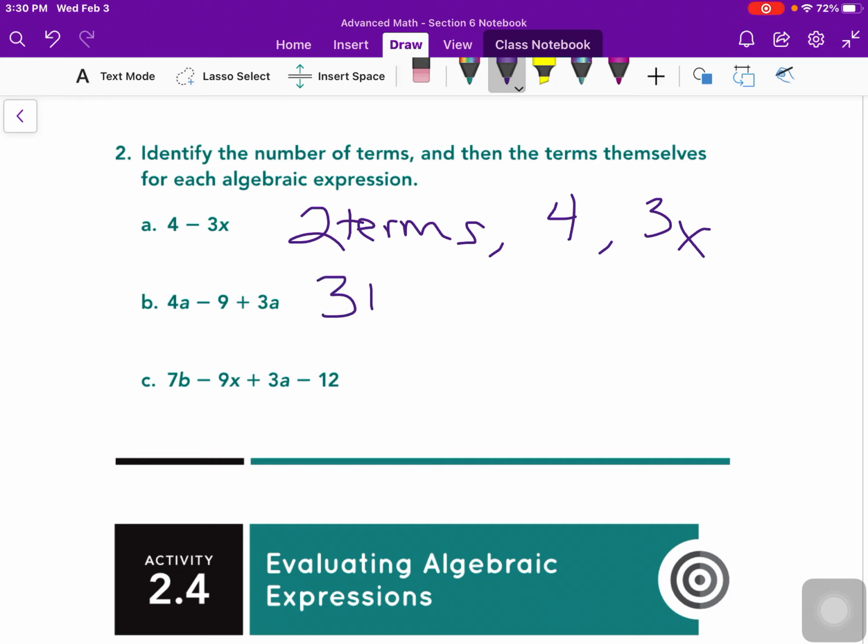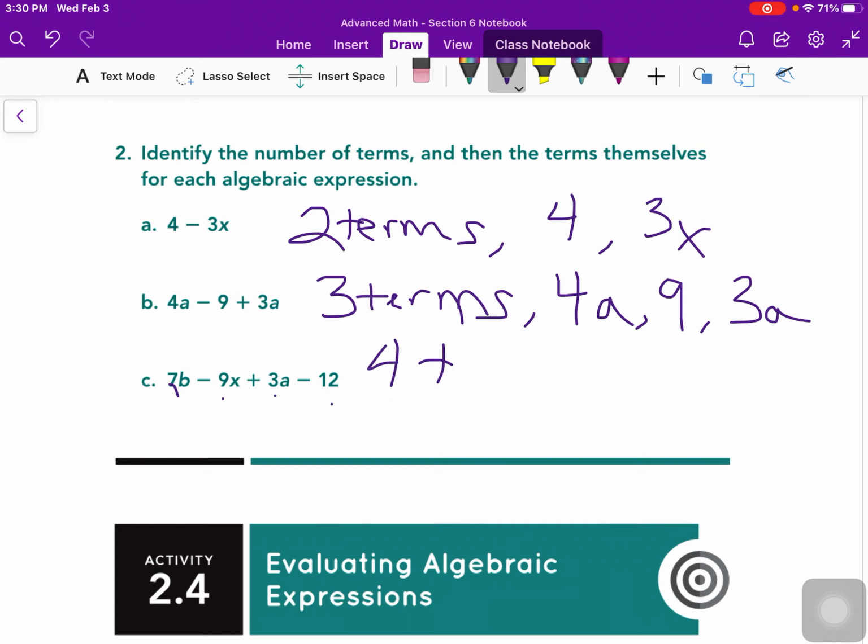In this one, we have 3 terms, 3 different things going on here, a 4a, a constant, and another variable. And in the last one, we have 1, 2, 3, 4 terms, and that's a 7b, a 9x, a 3a, and a constant of 12.